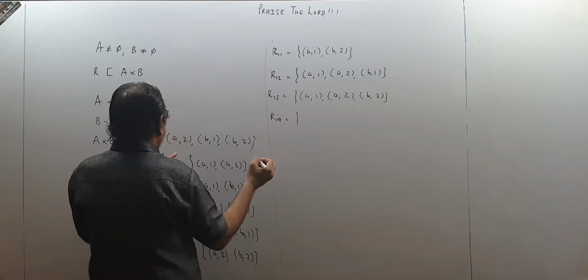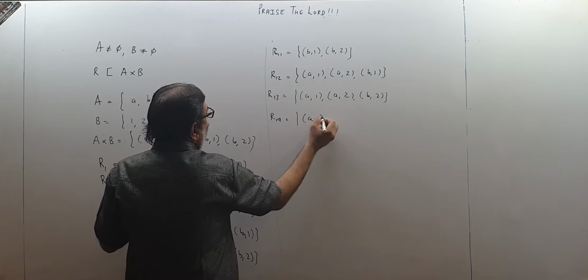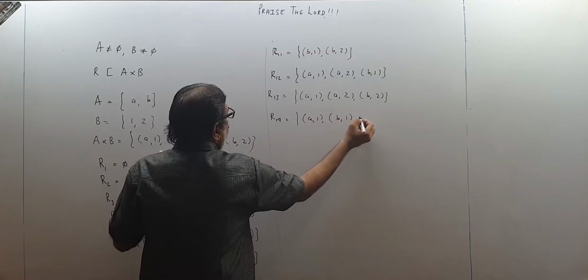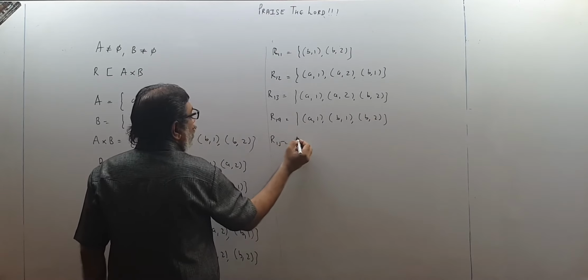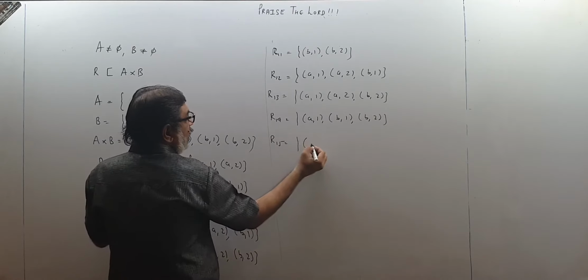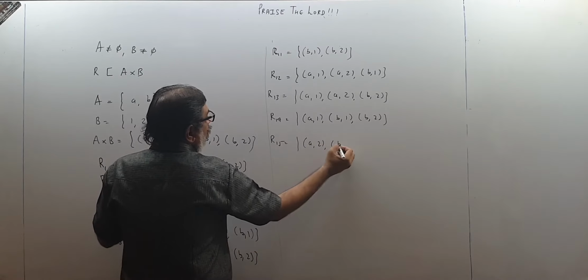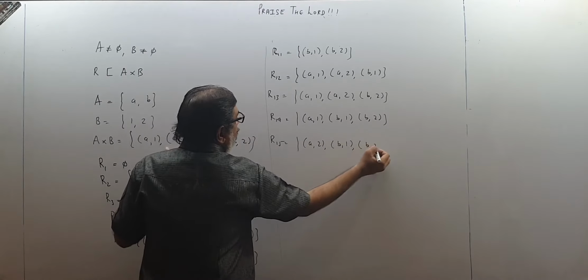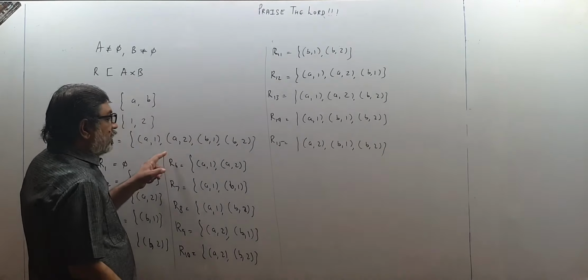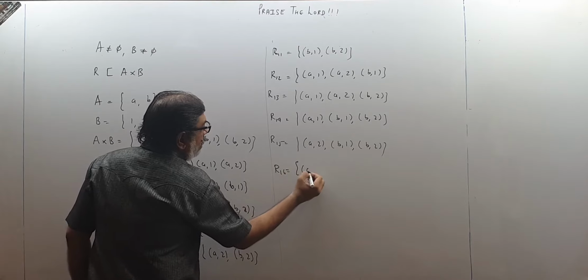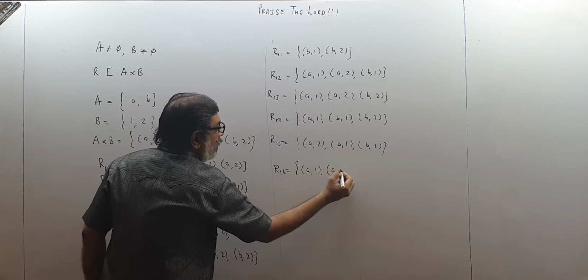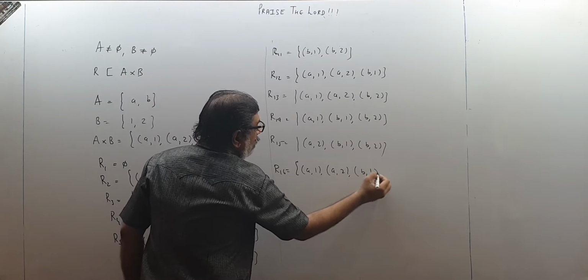Then I write a2 I leave out, a1, b1, b2. Then I leave out a1, that becomes a2, b1 and b2. Okay? Then I write all. So R16 becomes a1, a2, b1 and b2.